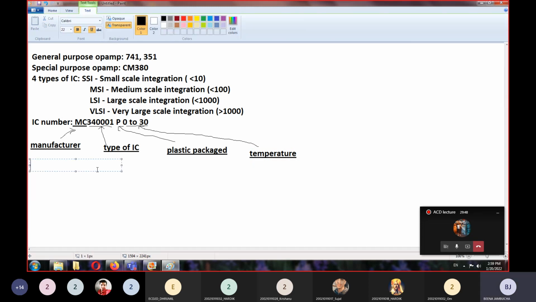Let's take another example of an IC, let's say mu A 741, which is our Opamp. Then T is there, and finally C is written. What does it mean?